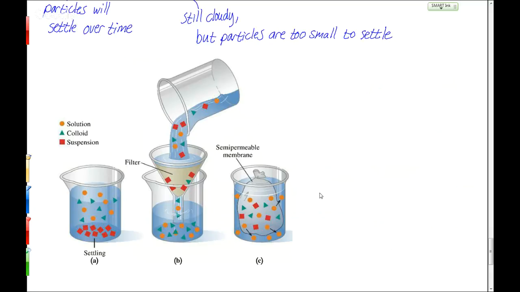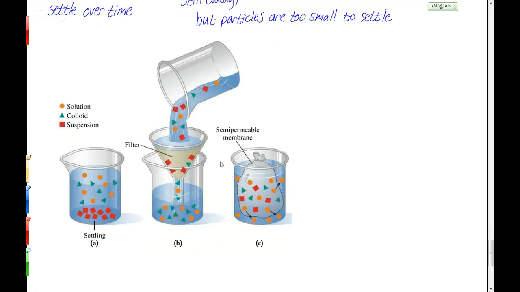So that will let small molecules through without allowing large things to pass. And then, importantly, a lot of the cells in our body are protected by semi-permeable membranes. And so we will talk about diffusion through those membranes and what the consequences are for that.